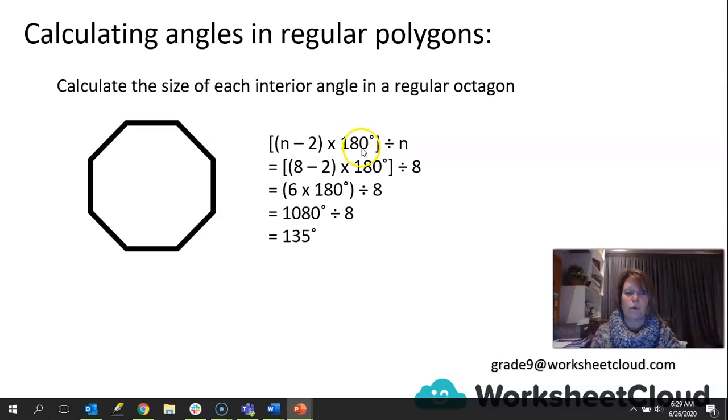So you must remember the formula, but you can always then calculate the sum of all the interior angles, and then when you divide that by the number of sides, you get each interior angle. So all the interior angles together of the octagon is 1,080, but each one separately will be 135.